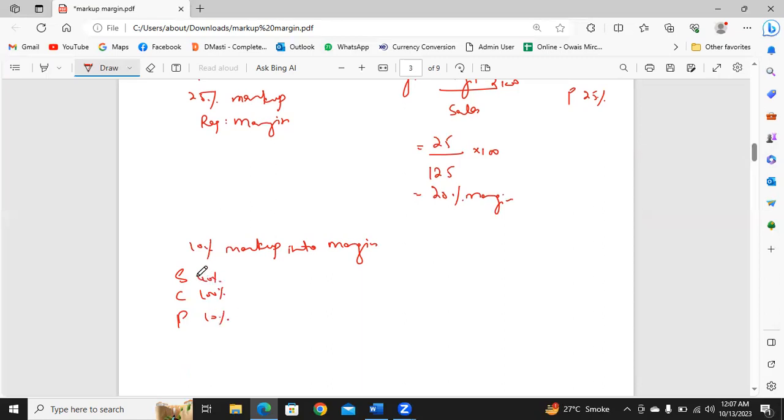Now we convert the markup into margin: 10 upon 110, into 100, so it will be 9.09%.